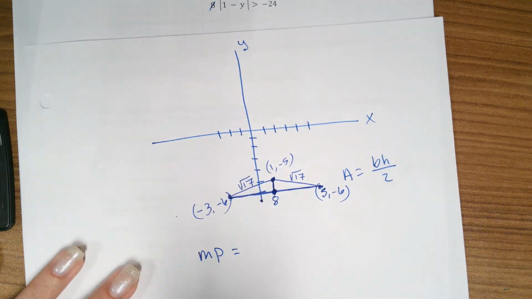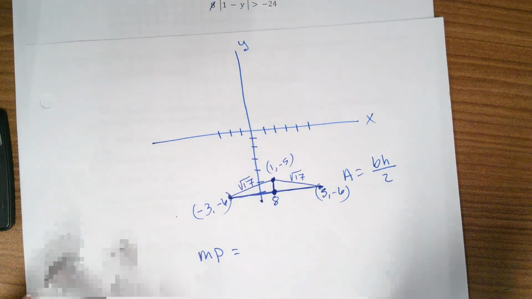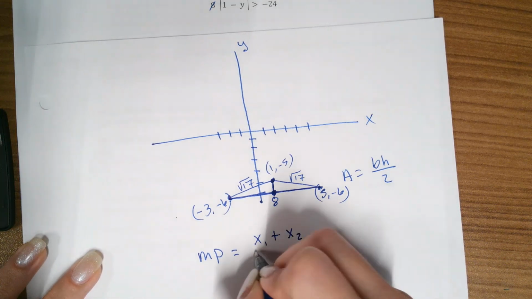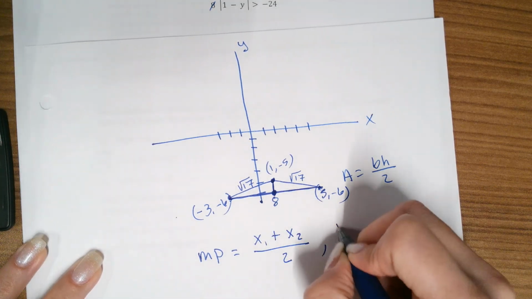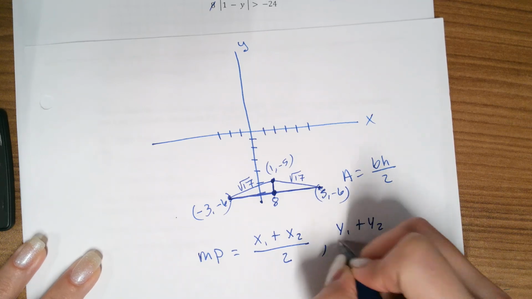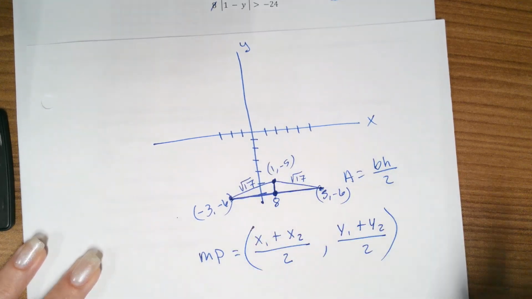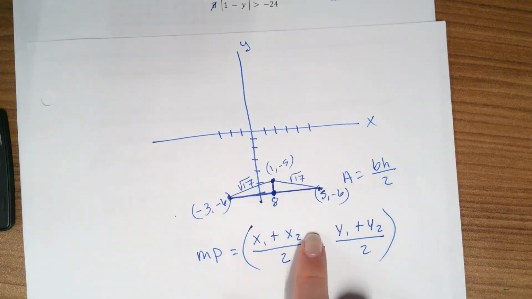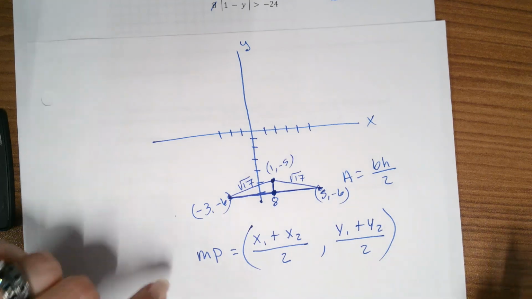And the midpoint formula just says we're taking the average of the x values, average of the y values. So that's x1 plus x2 over 2, and then y1 plus y2 over 2. So to find the midpoint of any 2 points, or the point in the middle of any 2 points, we just add the x's, divide by 2, add the y's, divide by 2, and we'll have our midpoint.